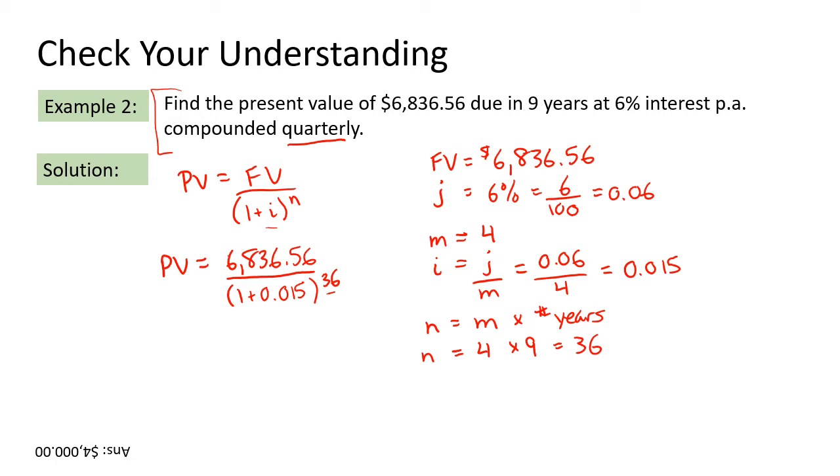So one thing to notice here is that as you raise something to an exponent, the higher the exponent, if the number is greater than 1, okay, it's not a decimal, the larger that number gets. It's exponential, okay? So as you increase the number of periods in a year, this is quarterly, the previous question was annually, you notice that this value in the denominator is just going to get larger.